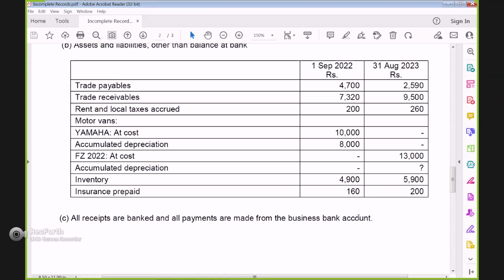It may be credit purchases, cash purchases, the opening balance of the particular account, or other balances. So you have to prepare each and every ledger, and from those ledgers transfer the figures to the particular statements.